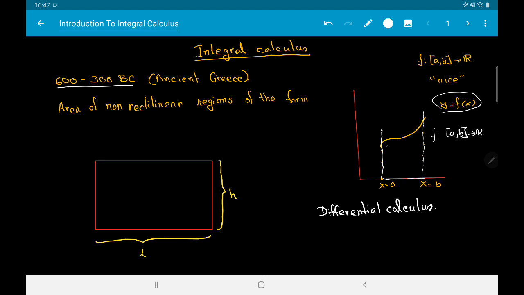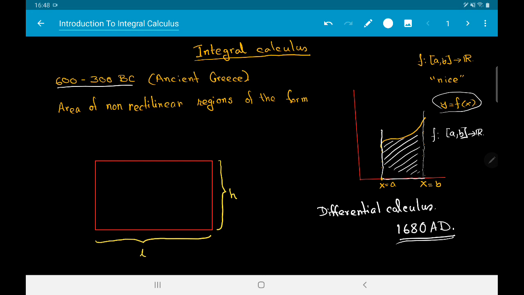But then how do we compute the area of this region? Even before computing the area, how do we even define the area of such a region? This kind of thing was studied by the ancient Greeks, as I said, between 600 BC and 300 BC, whereas differential calculus was not properly formally introduced before 1680 AD.